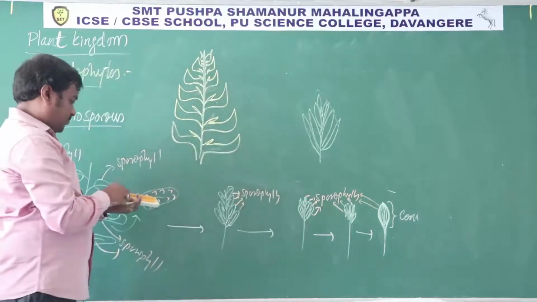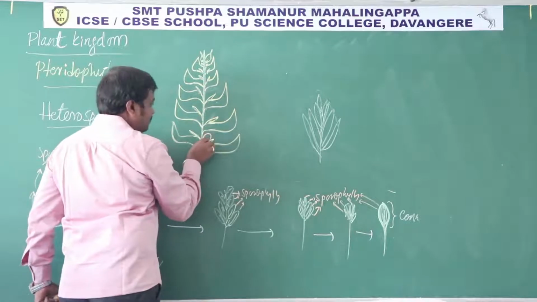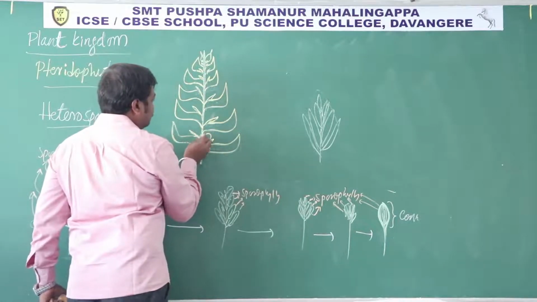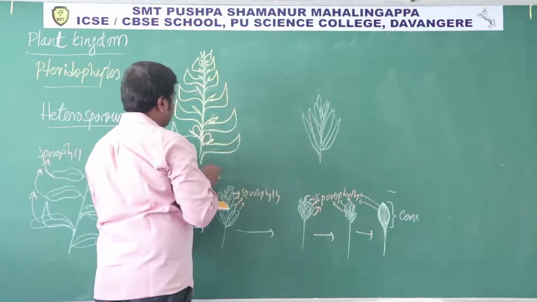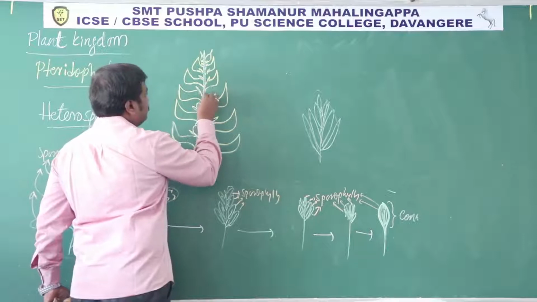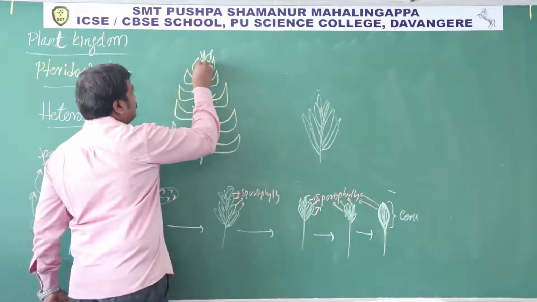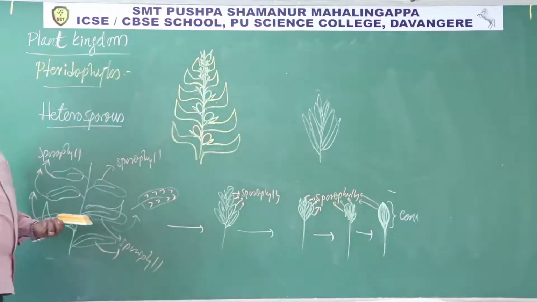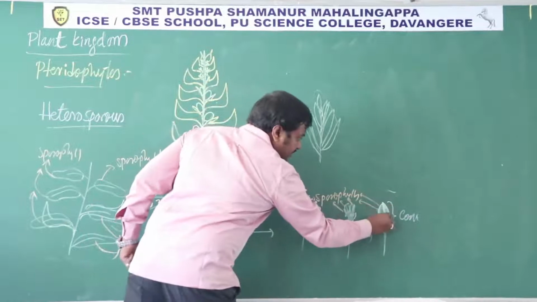Okay. So here they produce one structure like this. So this is the central axis.